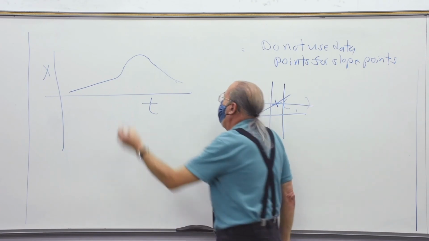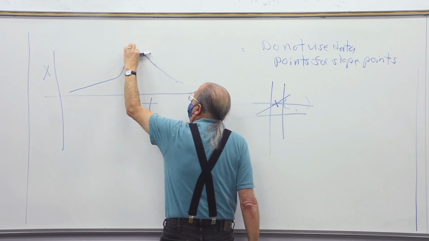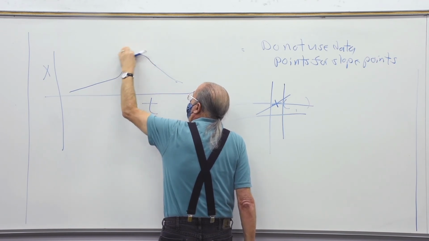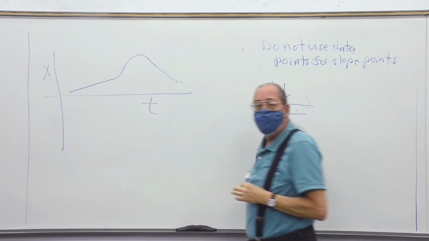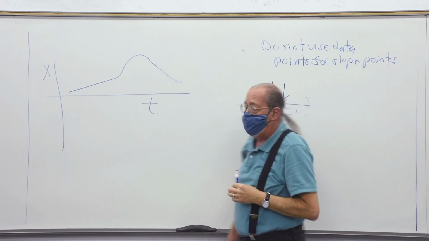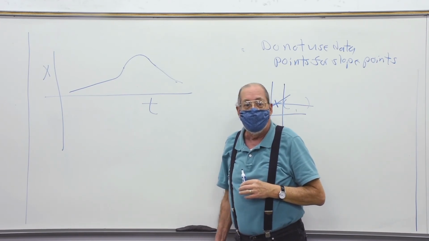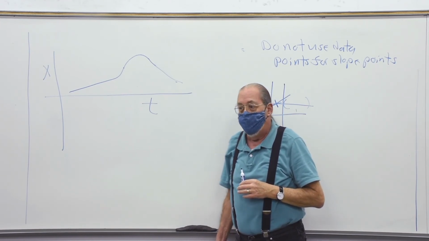The answer is yes. Right up at the tippy top, at about 37 and a half seconds, the slope is 0, if only momentarily. And the last question was, does it go one direction or both directions? What's the answer? Both.